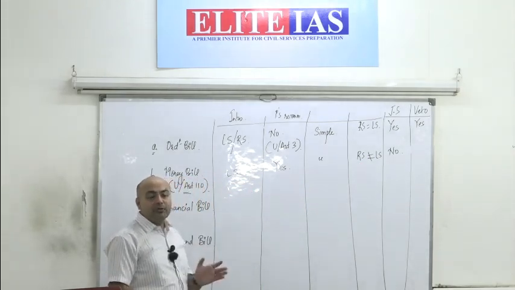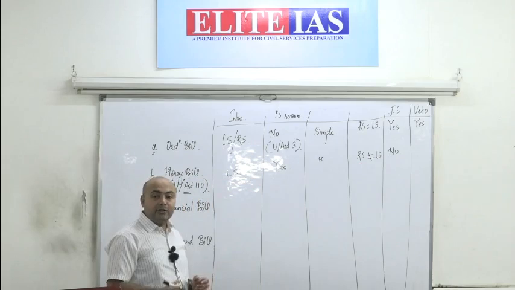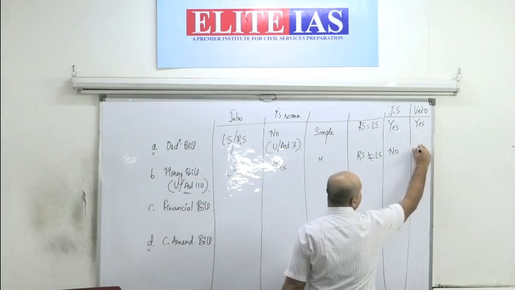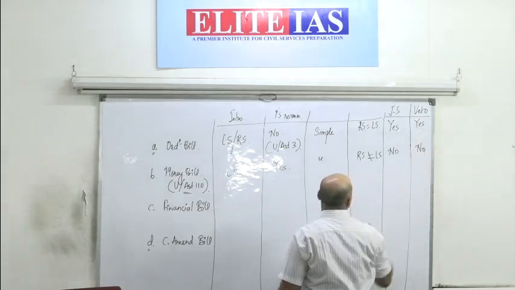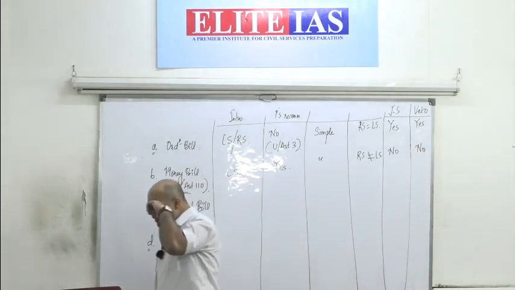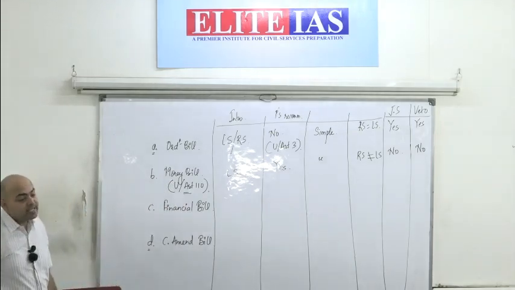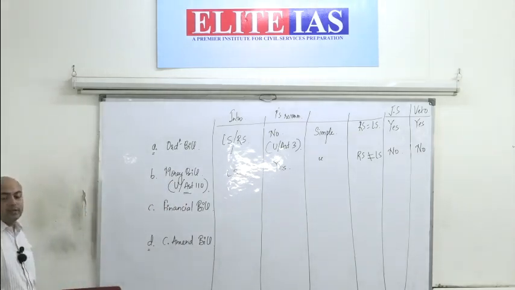Once both the houses pass the bill, it goes to the president. Can the president enjoy veto powers? No. The president does not enjoy veto powers when it comes to the money bill. Once it has been passed by the parliament, it goes to the president.